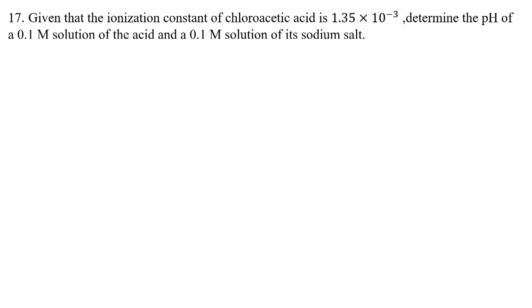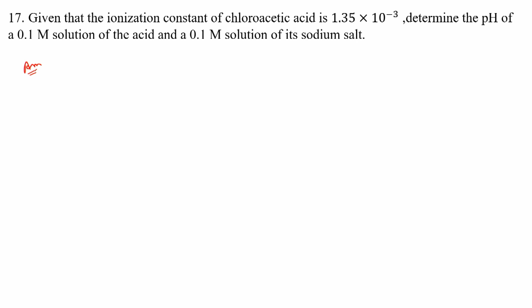Next, problem number 17. Given that the ionization constant of chloroacetic acid is 1.35 times 10 to the minus 3, determine the pH of 0.1 molar solution of the acid and 0.1 molar solution of its sodium salt. Now the pH of acid solution.